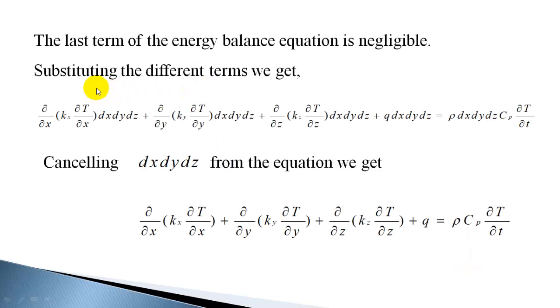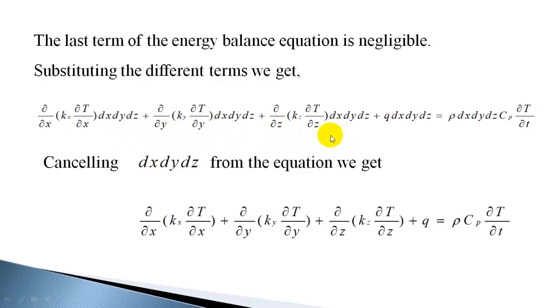Now we have got all the terms separately, and we are neglecting the last term of the energy balance since it is negligible. So we get the equation like this. This is first the net energy flowing into the element as a result of heat flow in all the three directions. We have separately got it in x, y and z direction.